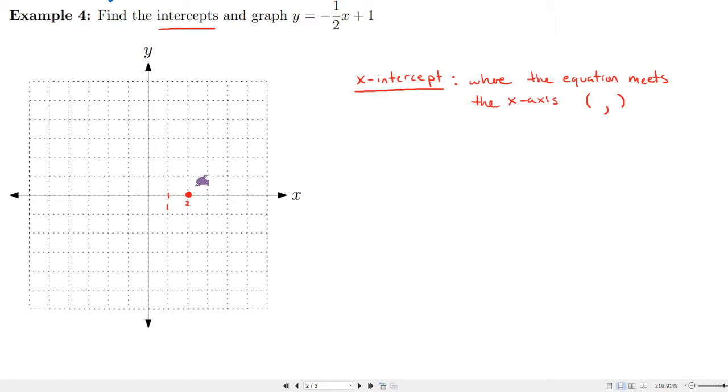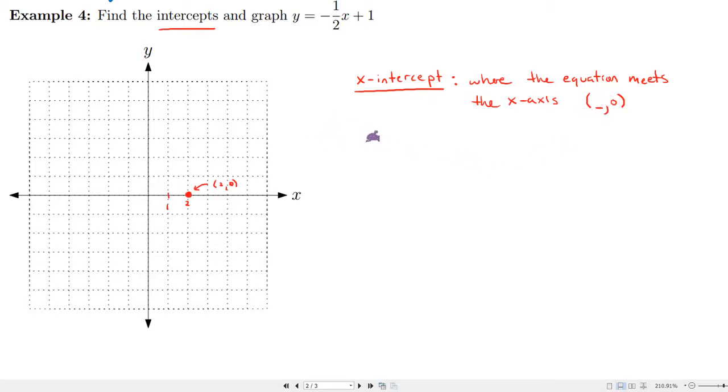The coordinates for that point are 2, 0, right? And the coordinates for this point are 1, 0. So for all the points on the x-axis, the y coordinate is 0, but the x value is something. And that value right there is our x-intercept. So where the equation meets the x-axis, we can say x is equal to that value there.